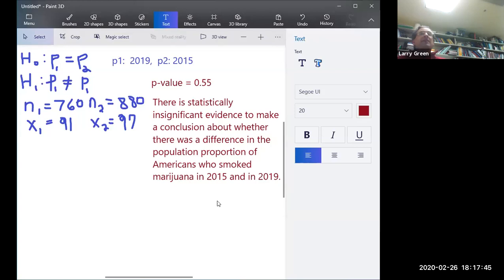So notice that's just a fancy way of saying we really don't know, okay? But we can say that they're not significantly different. Sometimes you say that too. Okay, are the proportions exactly the same? Probably not, but they're not significantly different.